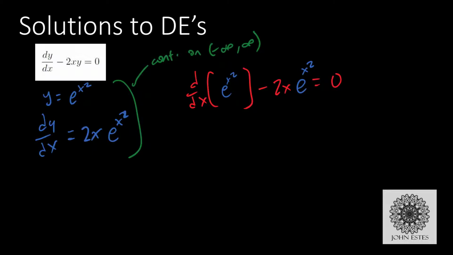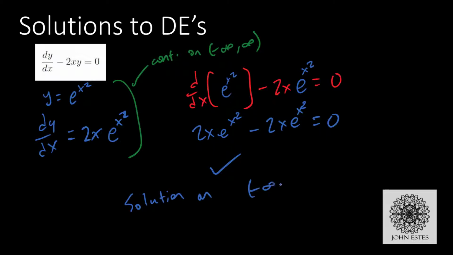If you can see my work, you'll see that 2x e to the x squared minus 2x e to the x squared power, of course that equals 0. So here we have a solution on the interval negative infinity to positive infinity.